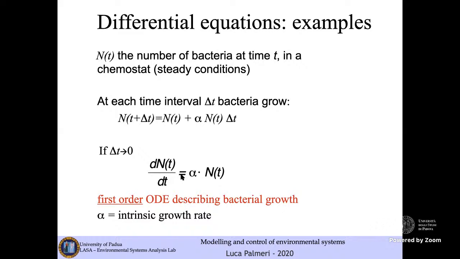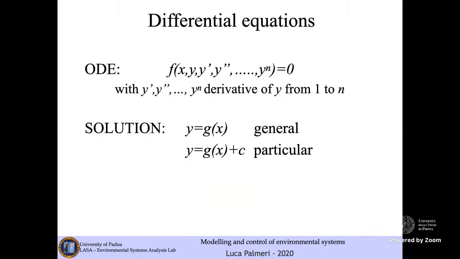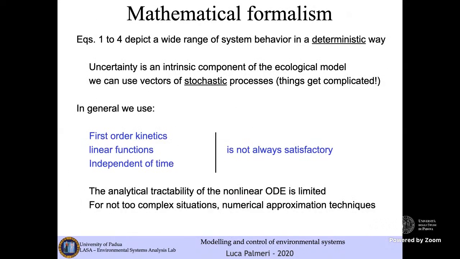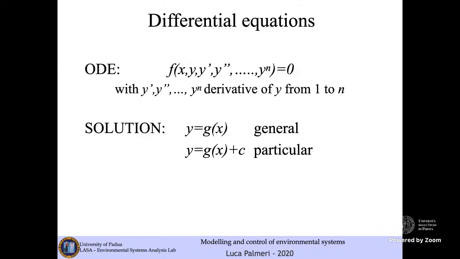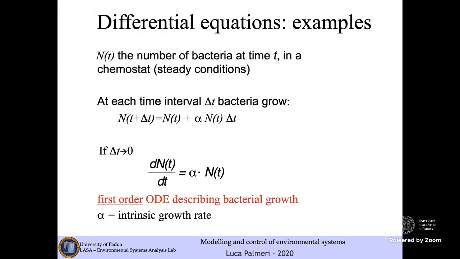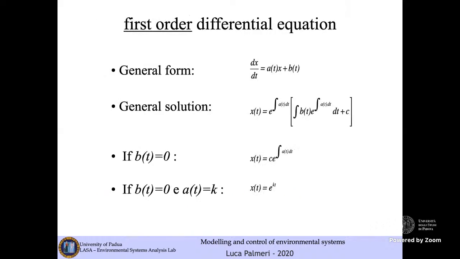You see that by employing these formulas with all these assumptions, we end up with a very trivial solution: the only function in mathematics whose first order derivative is equal to itself is the exponential function.